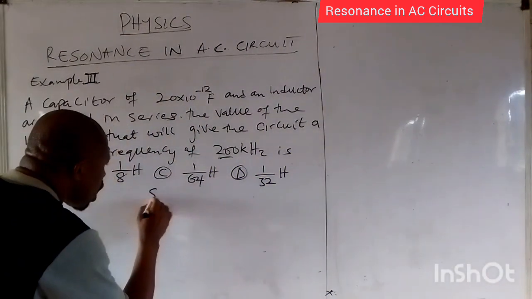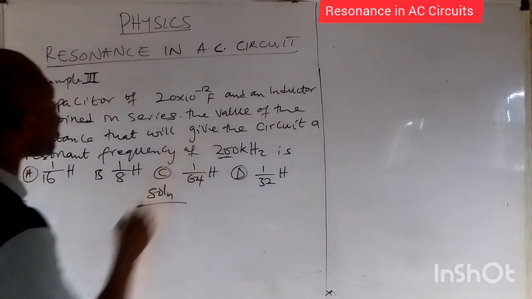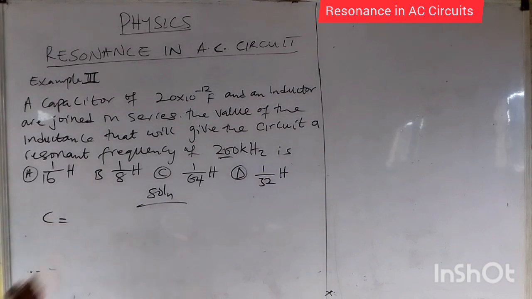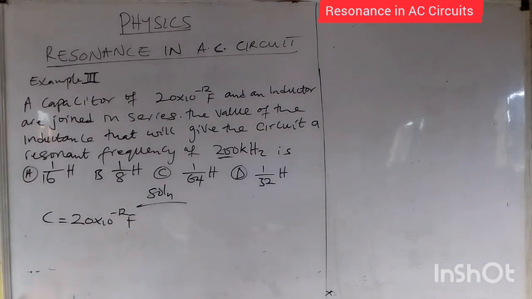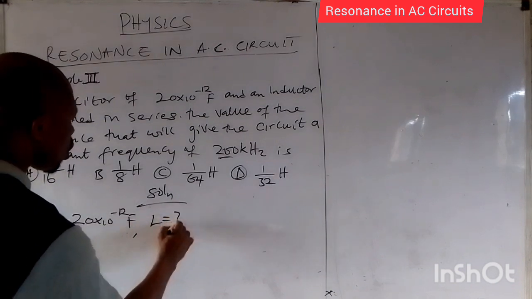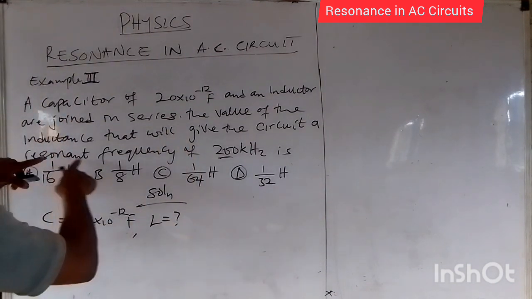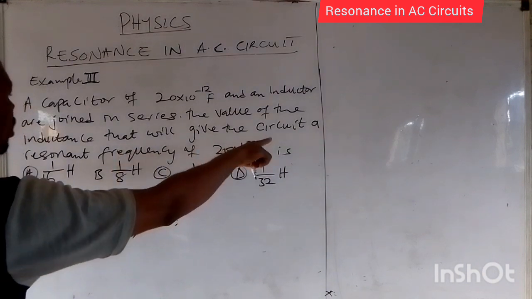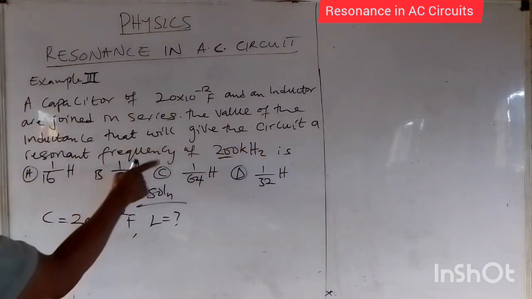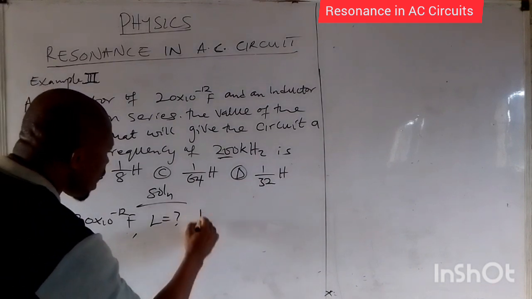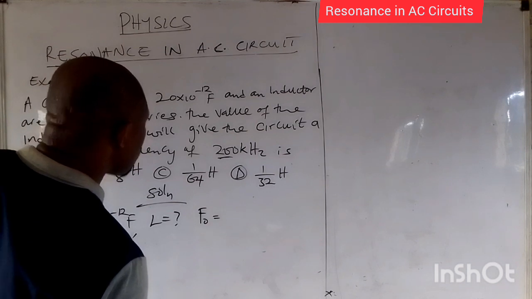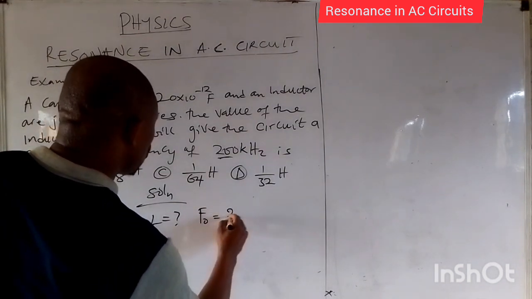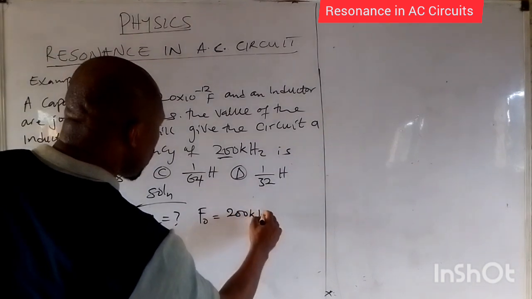Okay. Solution: we have that the capacitance C is 20 times 10 raised to the power minus 12 farad. Now, the value of the inductor is not given, because the question asks what is the value of the inductor that will give the circuit a resonance frequency of 200 kilohertz.